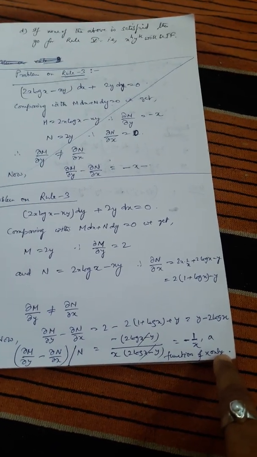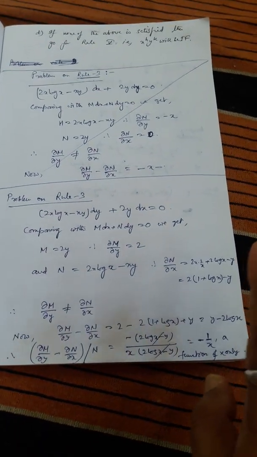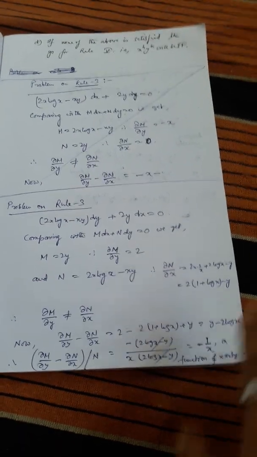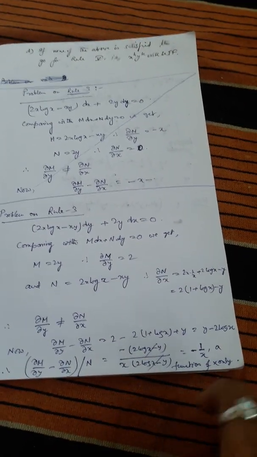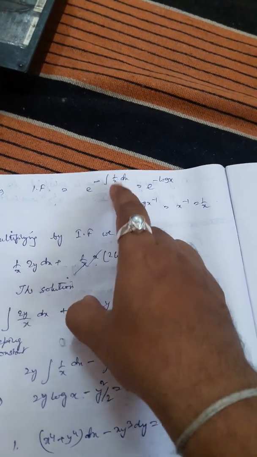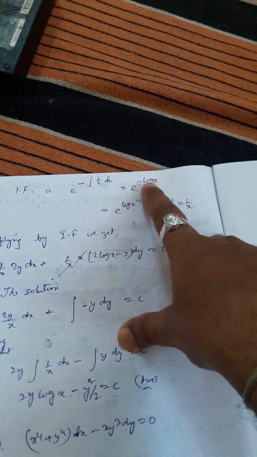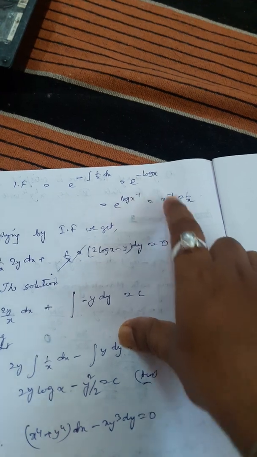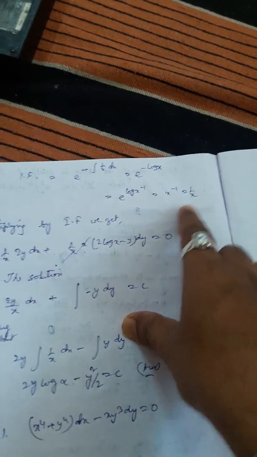So we can use rule number 3, that is the integrating factor will be e to the power minus integration 1 by x dx. It is equals to e to the power minus log x, e to the power log x to the power minus 1, x to the power minus 1, equals to 1 by x.